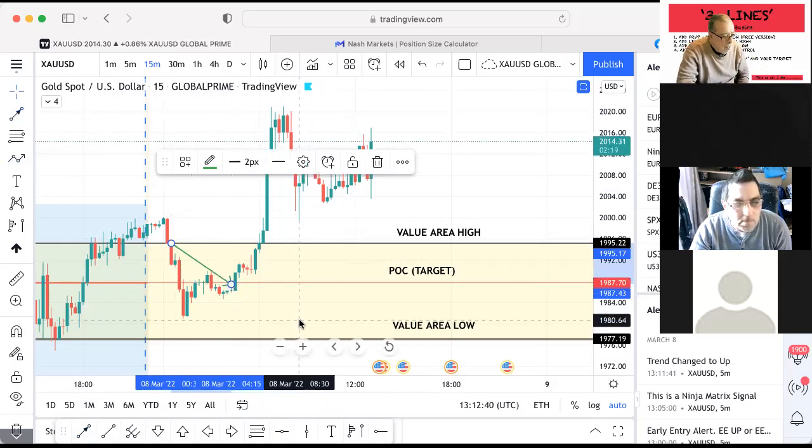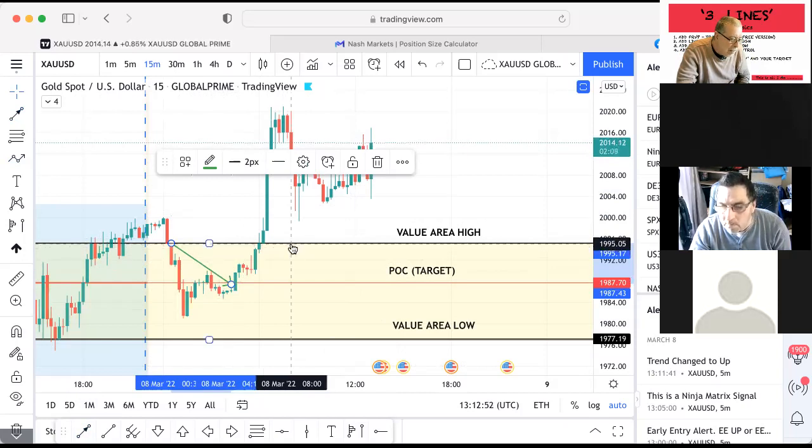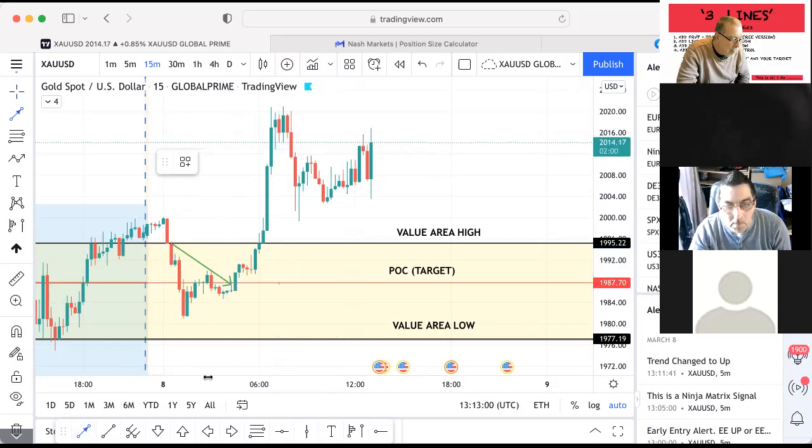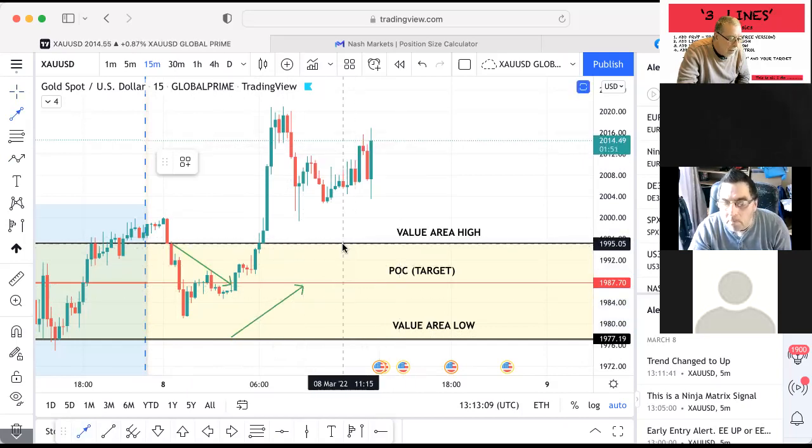And once it's hit the target, we would exit the trade and we wouldn't get back in again until price was either at this point back up at the top, or if it was down at the bottom. So we could take further trades from there to there, and we could take further trades from there to there.